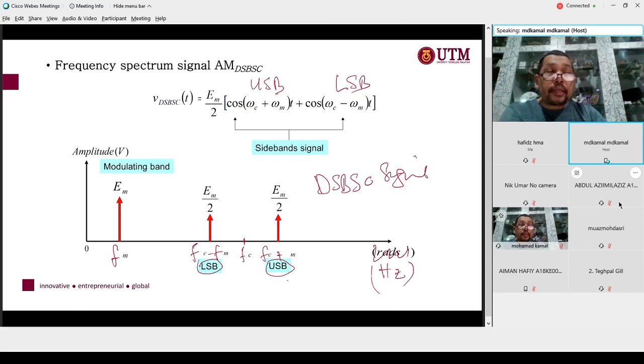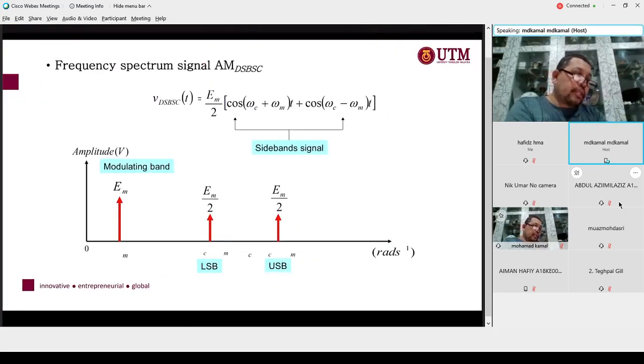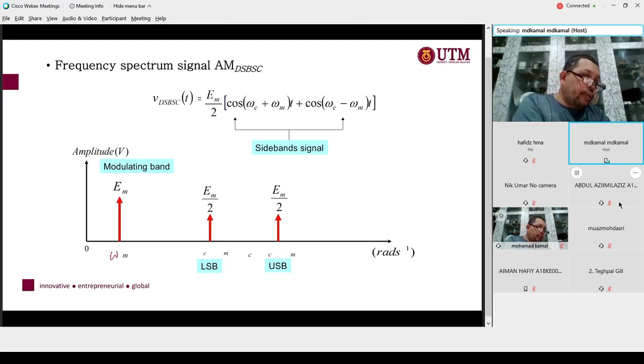If you talk about per second, it is hertz. In this case I showed radian per second, so this should be omega c minus omega m, omega c, omega c plus omega m. It doesn't matter, it's the same. This is angular frequency, but in the spectrum we usually look in terms of frequency.